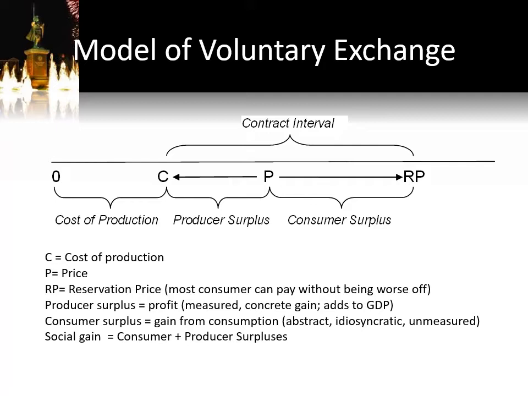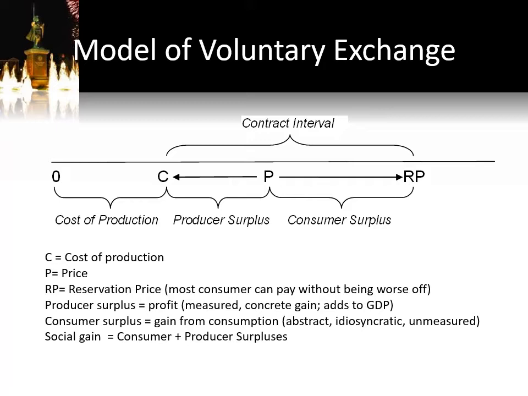Every time a flat screen TV is sold for $300, GDP goes up $300. Woohoo! Because GDP is measured at the cash register, by the way. It only becomes value that you've created when you've actually sold the thing, and so it goes into the GDP. And so producer surplus profits are measured; they're concrete in that sense.